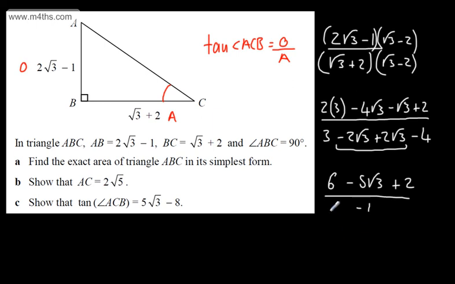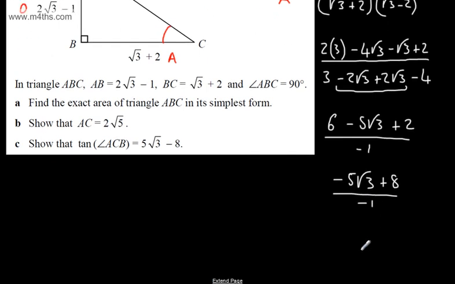So we could write this simply now, I'll tidy the numerator one more time. What we can write is that will be minus 5 root 3 plus 8 over now minus 1. So simply multiplying through by the negative 1. Therefore, what we've got here is 5 root 3, and then we're going to have minus 8 as required.